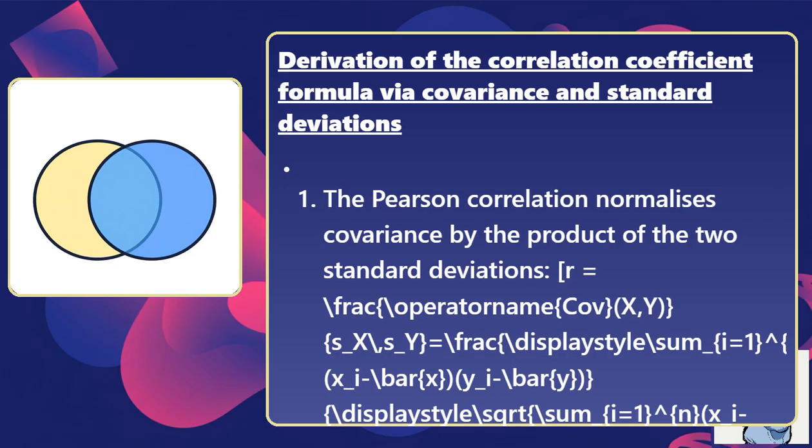The Pearson correlation normalizes covariance by the product of the two standard deviations. R equals cov(x,y) divided by s_x times s_y, which equals the sum from i equals 1 to n of (x_i minus x bar) times (y_i minus y bar), divided by the square root of the sum from i equals 1 to n of (x_i minus x bar) squared, times the square root of the sum from i equals 1 to n of (y_i minus y bar) squared.